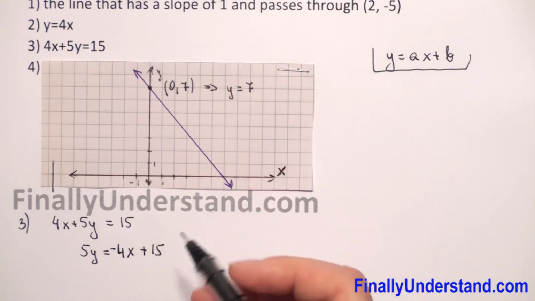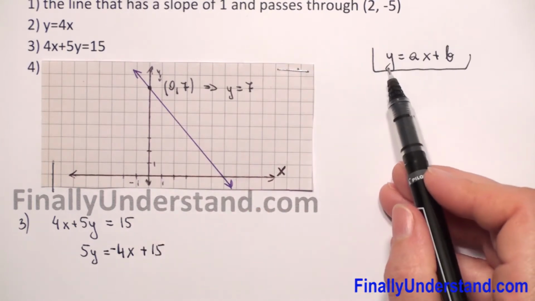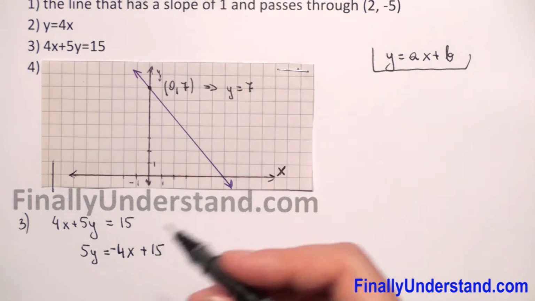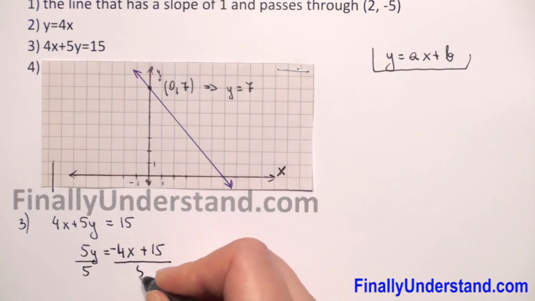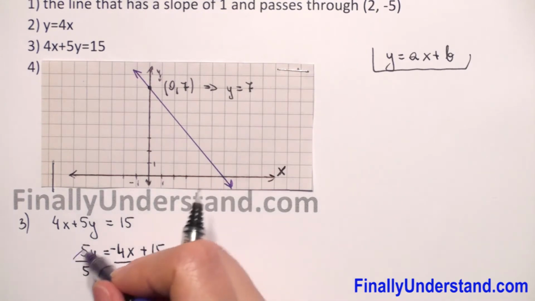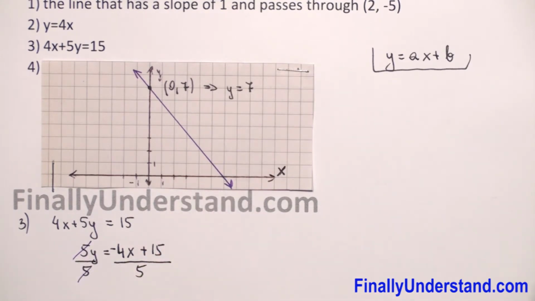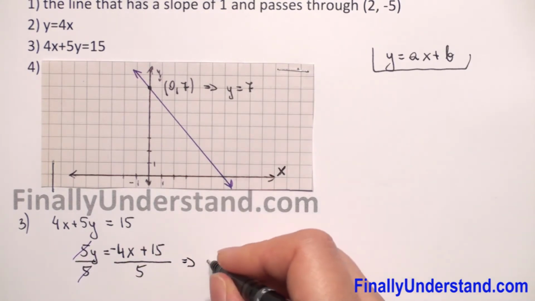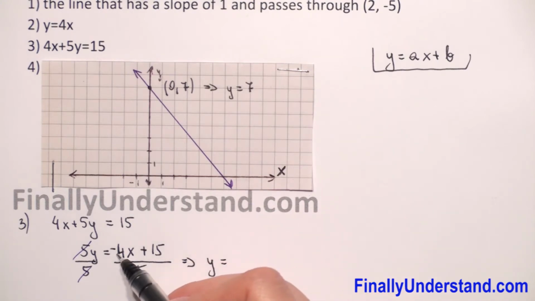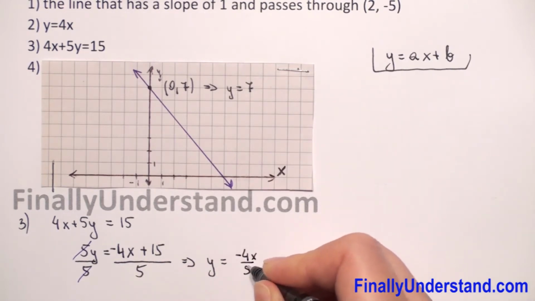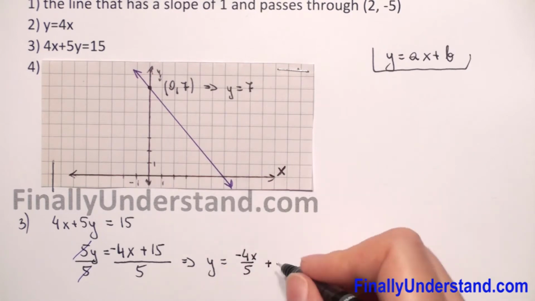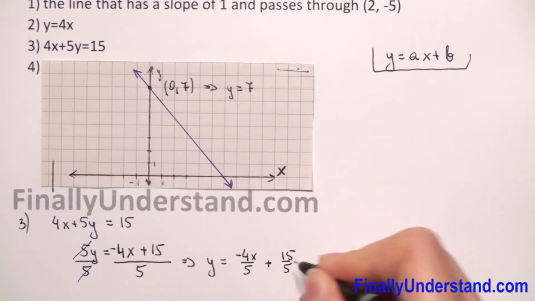Because we need only y on the left side, I will divide both sides by 5. 5 and 5 will reduce, and we have that y is equal to, now every expression on the right side we have to divide by 5, so negative 4x divided by 5 plus 15 divided by 5.